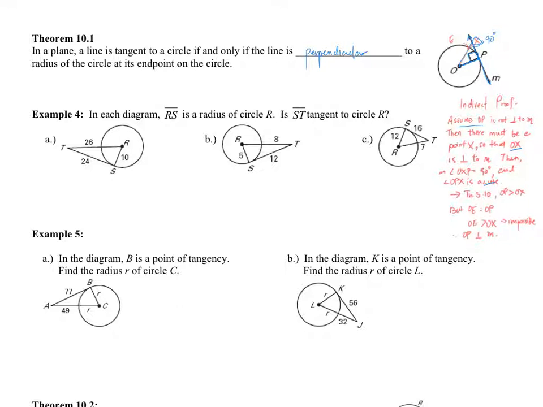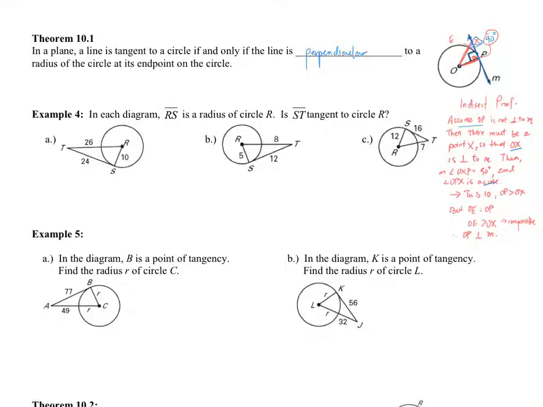Therefore, by theorem 5.10, segment OP has to be greater than segment OX because this 90 degrees is greater than this assumed acute angle. So we know that the radius OE is equal to OP.